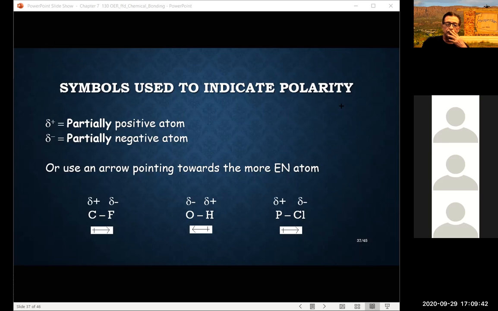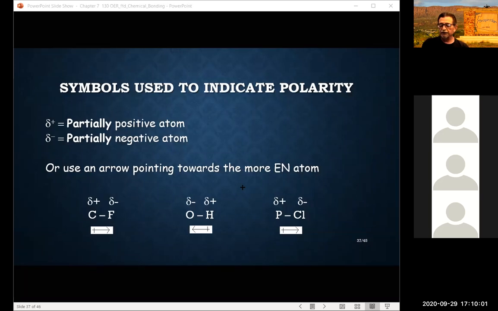All right, so carbon fluoride, we draw an arrow from left to right. The partial positive is on the carbon, the partial negative is on the fluorine. With OH, again, it's a polar bond. We got two different atoms, definitely polar, okay?